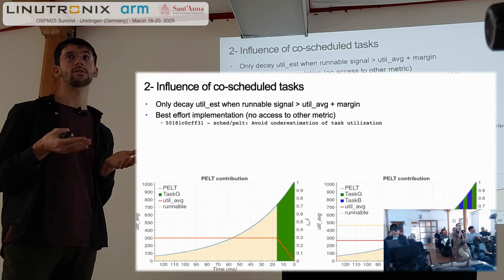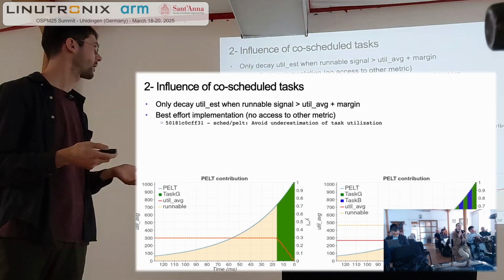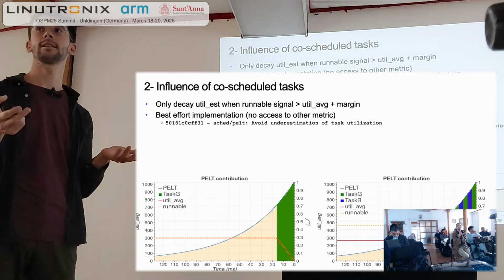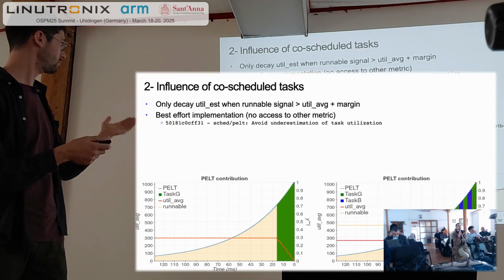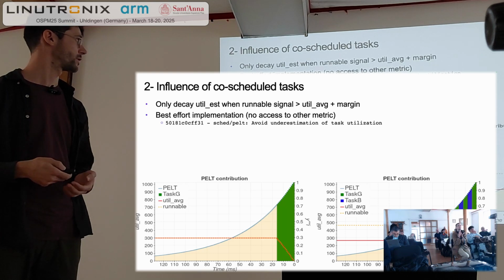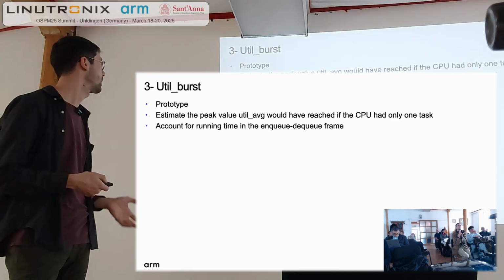Like that, we still have a higher estimation of the task, but it's not really the accurate estimation of the task. It was done on dispatch, it's a best effort implementation, because we don't have access to any other metric to do that.